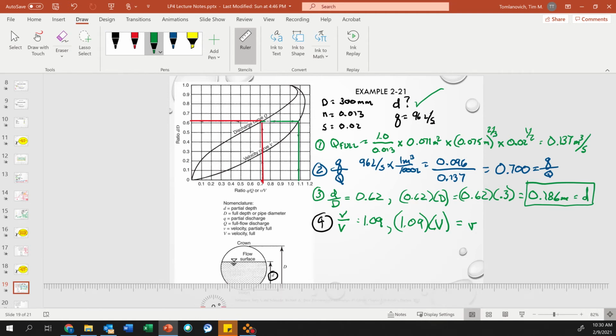But first I need big V, my velocity full. So step 5 equals Q full divided by cross-sectional area.